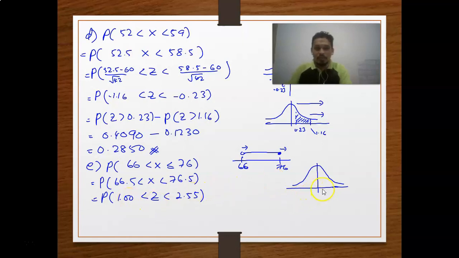It is 1.00 and 2.55. So it is probability of z greater than 1.00 minus probability of z greater than 2.55.